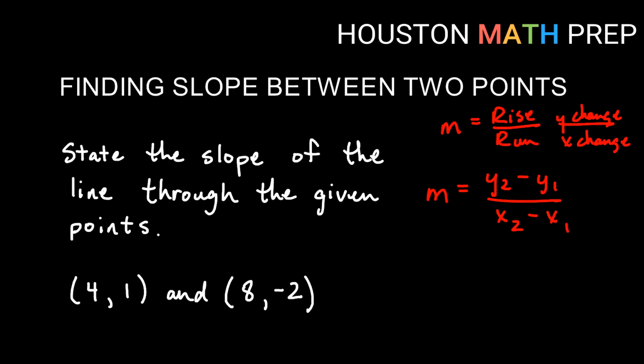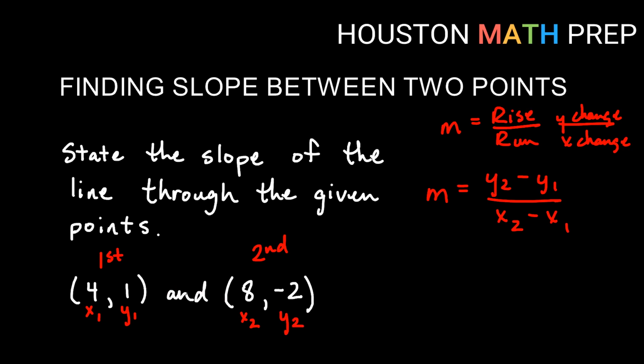So if I go over here, this is my first point that I'm given. So this is the x coordinate of my first point, and this is the y coordinate of my first point, also known as x1 and y1. Here, this is the second point that I'm given. So the 8 is the x2, in other words, the x component of the second point, and -2 is y2, the y component of the second point.